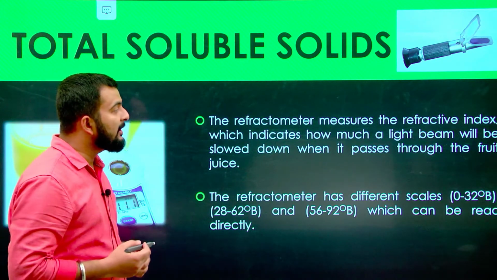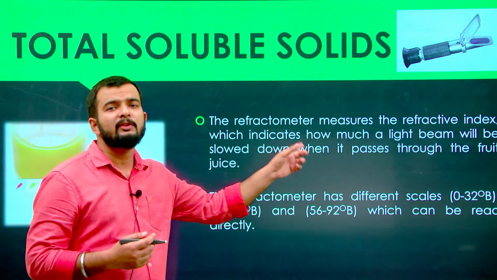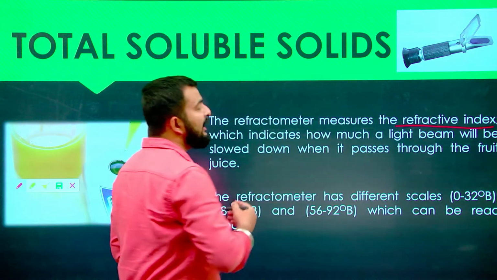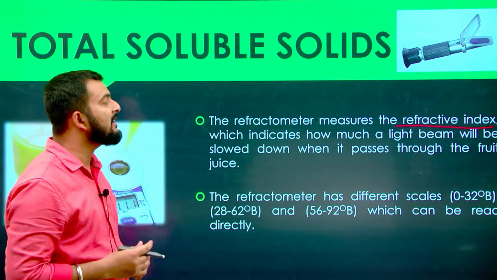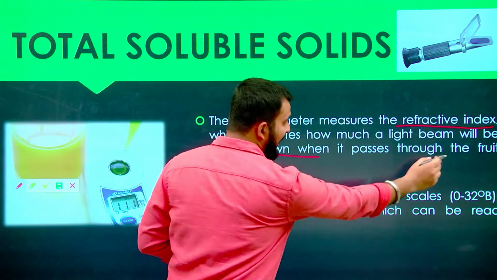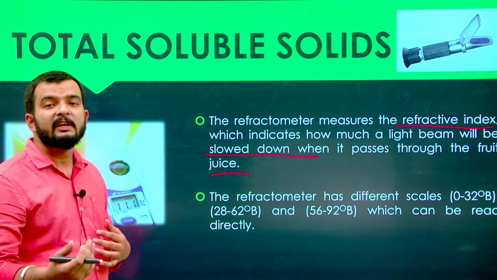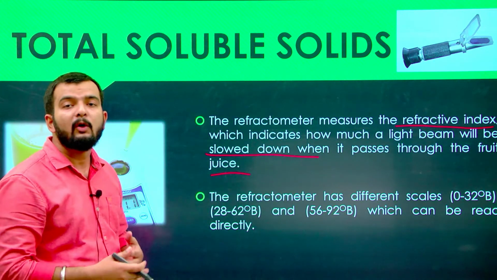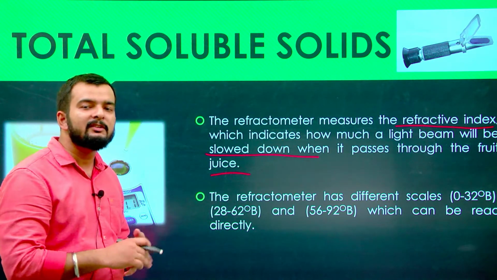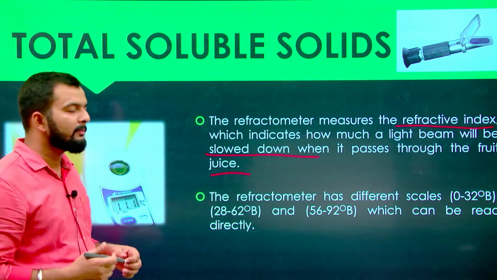The refractometer measures the refractive index. So, the principle of measurement of total soluble solids is the refractive index. Your refractometer measures the refractive index, which indicates how much a light beam will slow down when it passes through the fruit juice. If more sugar is there, the degree of refraction or slowing down will be more. Based on that, internal calibration is done within the instrument, and consequently you can find out the total soluble solids.